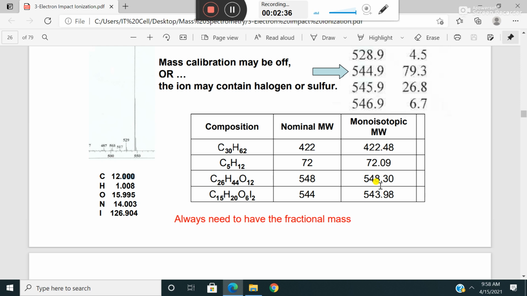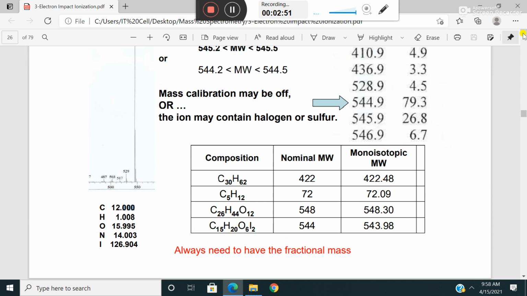But if you are putting the halogen as well and reducing the number of hydrogen, then you are getting this much, which is the case. So this fractional mass gives you a clue, information about the molecular ion peak as well as the molecular formula.